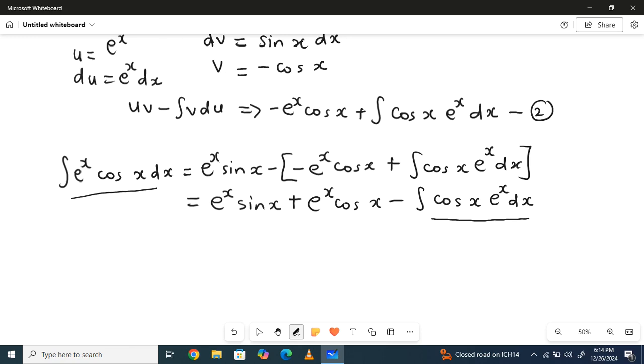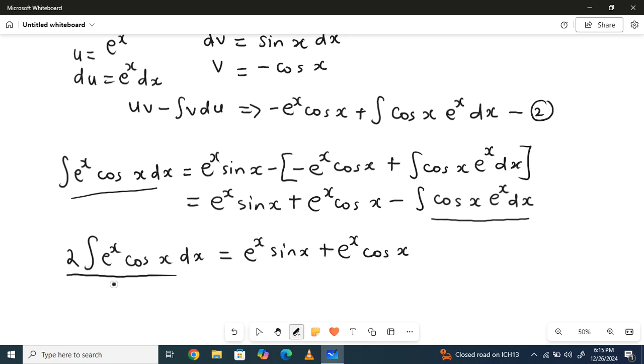We will add it to the left and get 2 times the integral of e^x cos x dx is equal to e^x sin x plus e^x cos x. But now we are only interested in the value of the integral, so we are going to divide by 2 on both sides.